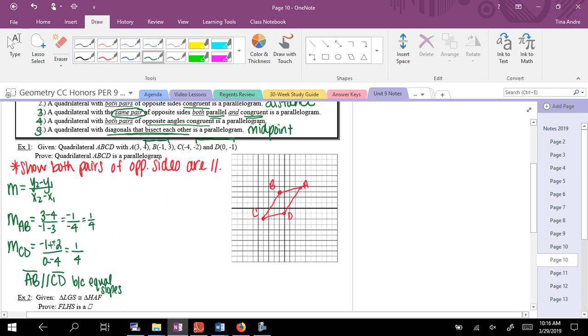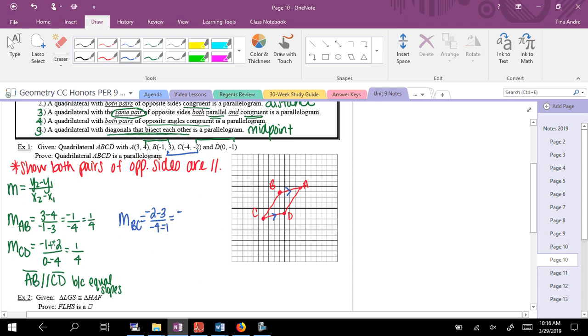And then I'm going to go ahead and do the same thing for the other two sides. So I'm going to mark these two since I know that they're parallel. So now I'm going to find the slope of BC. So BC, I have my y's, so -2 minus 3. Then the x's, -4 minus -1.